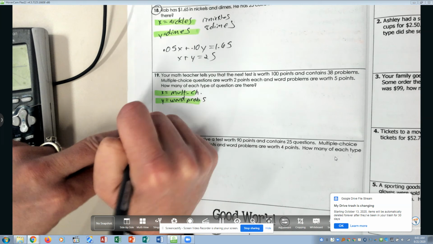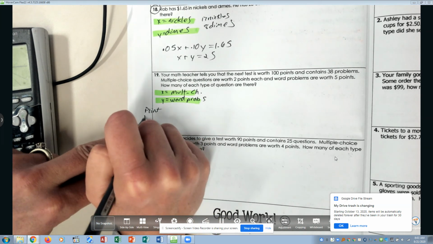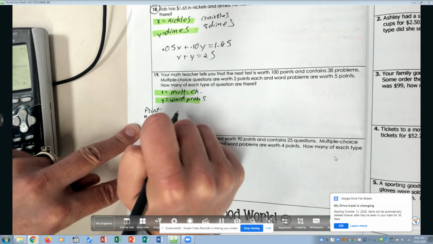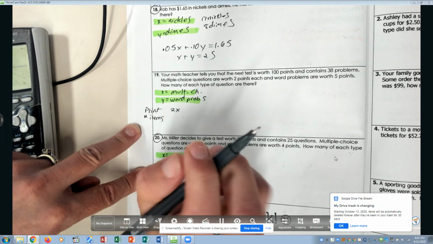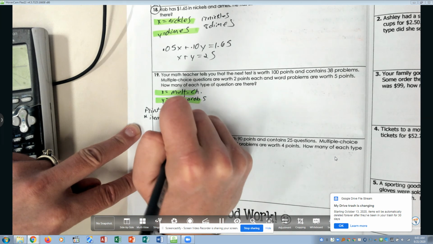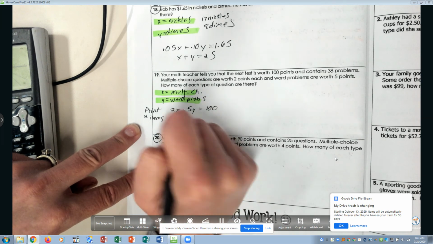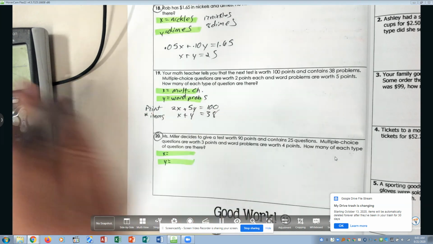So we're going to have a point equation, and we're going to have a number of items equation. So my point equation, each multiple choice is 2 per multiple choice. Each word problem is 5 per word problem, and the number of points on the quiz is 100. And there are a total of 38 problems. So this is my system.